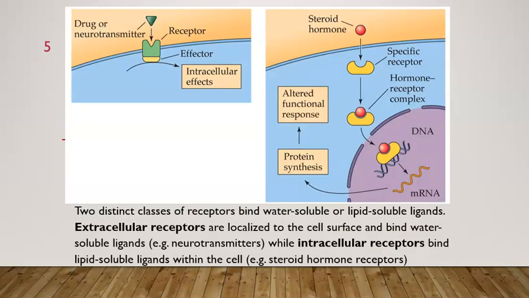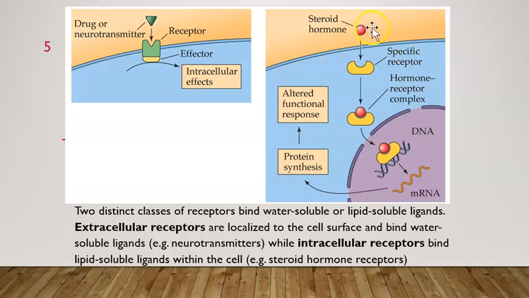So here again, we've just got receptors, and a drug or neurotransmitter, so some kind of ligand. Boom, it binds the receptor. There's an effector on the inside of the cell that creates those intracellular effects when a ligand binds. Then here we've got a receptor that's inside the cell.